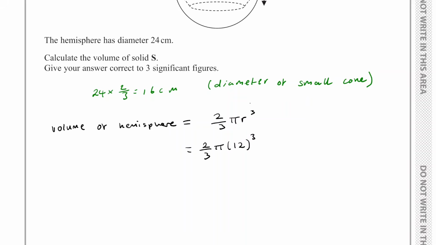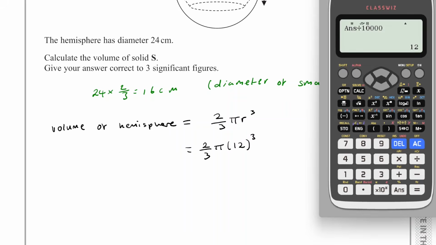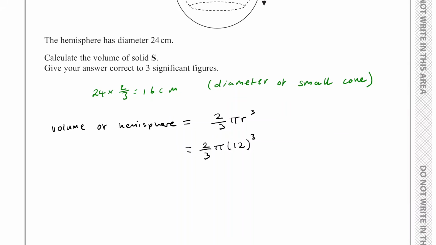So that's the volume of the hemisphere. 2/3 of pi times 12 cubed. So 1,152 pi centimeters cubed. So that is our volume of our hemisphere.